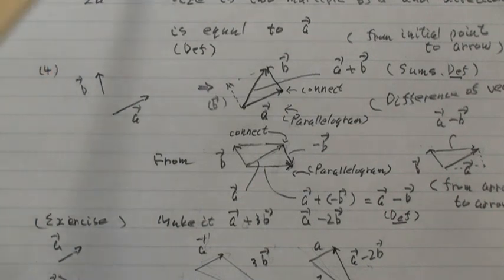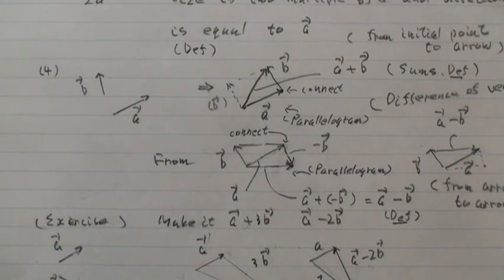This is the opposite direction and size. This size is 2 multiple sides. This is the definition. Okay.